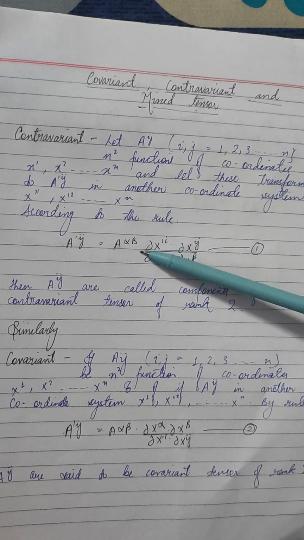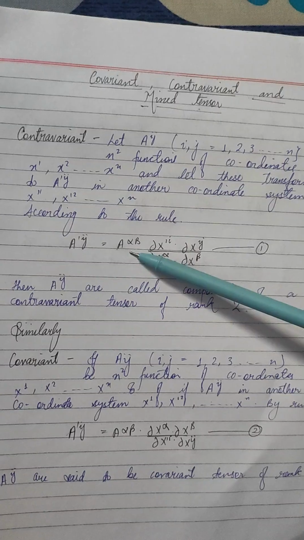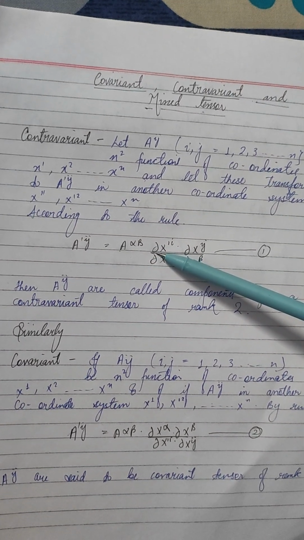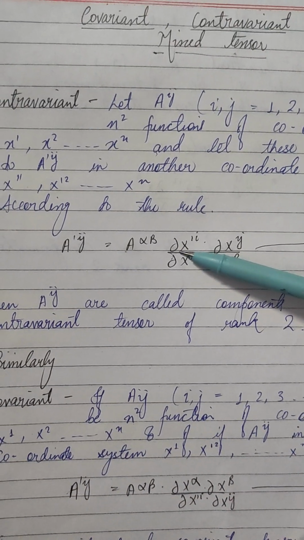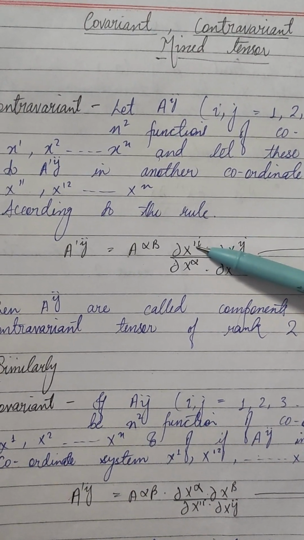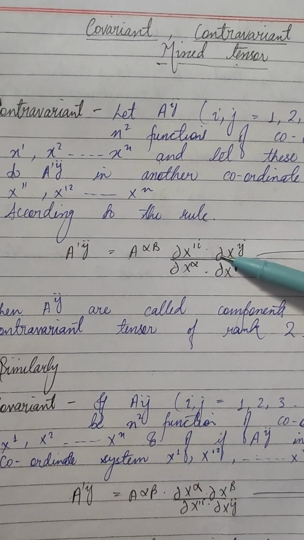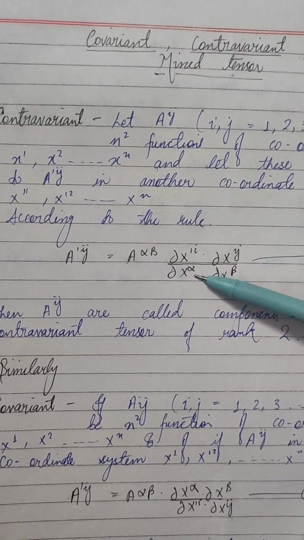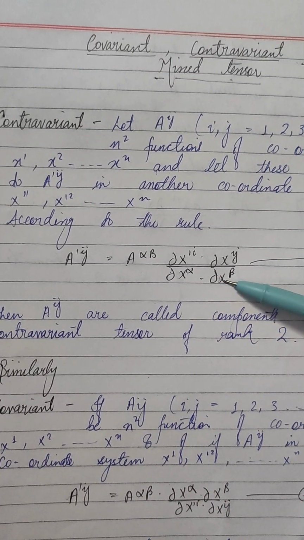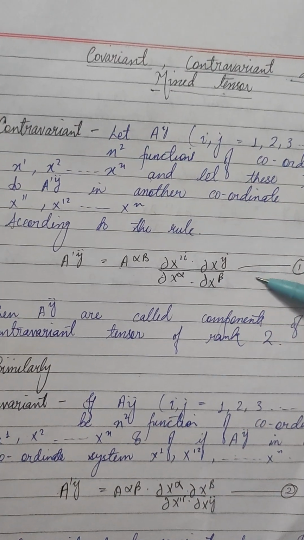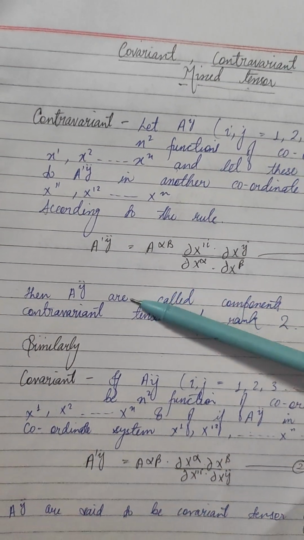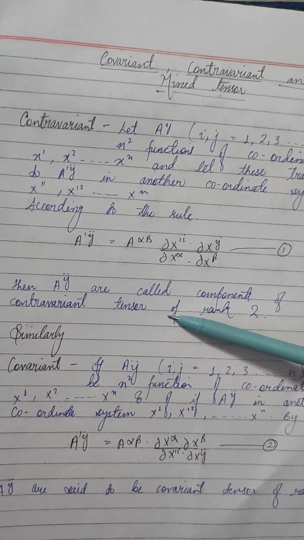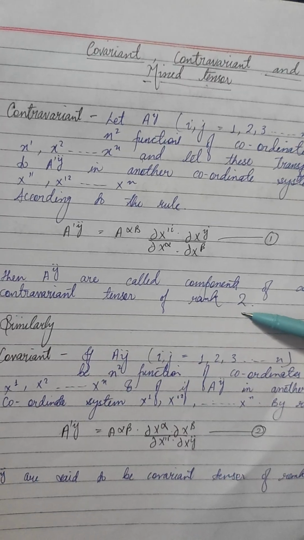According to the rule, a dash ij is equal to a^(alpha beta) times the partial derivative of x dash i with respect to x alpha into the partial derivative of x dash j with respect to x beta. This will be our first equation. Then a^ij are called components of a contravariant tensor of rank 2.